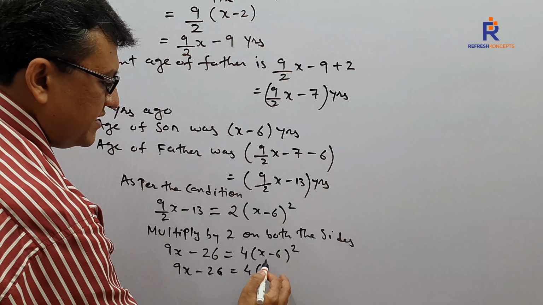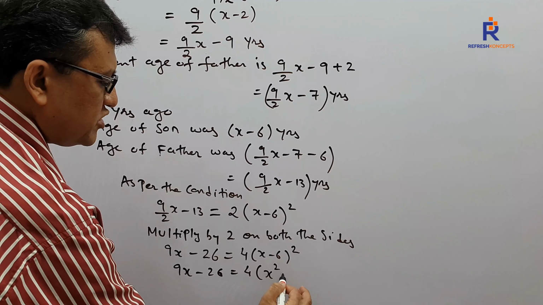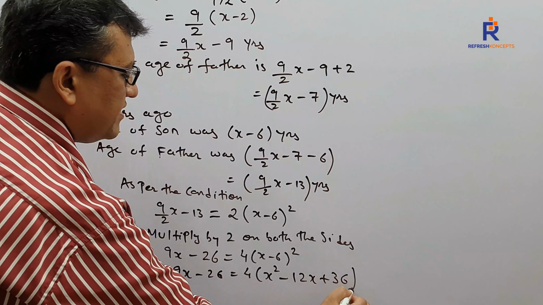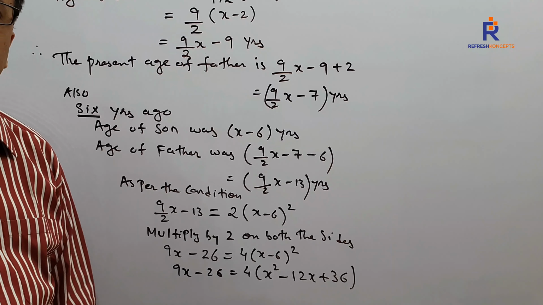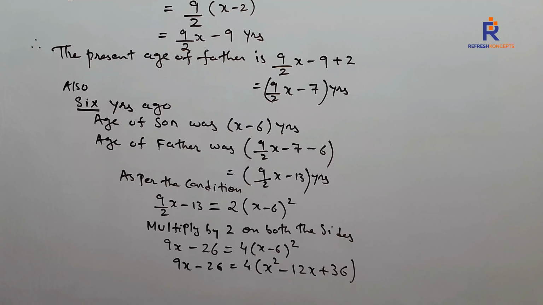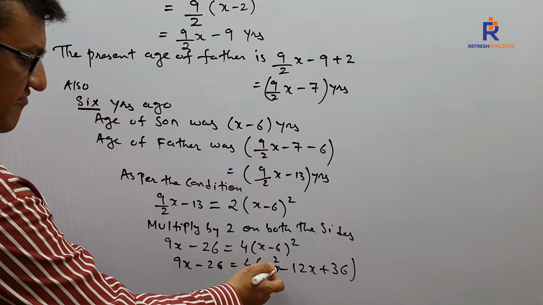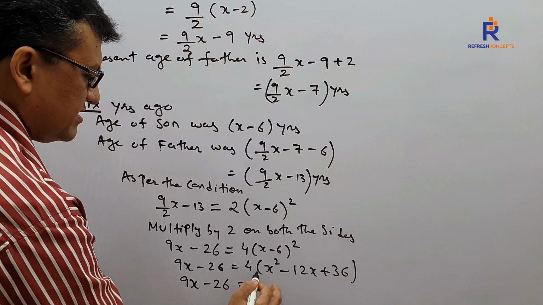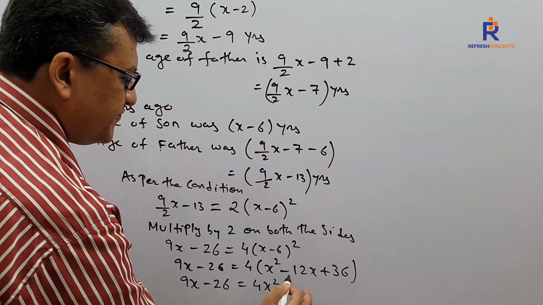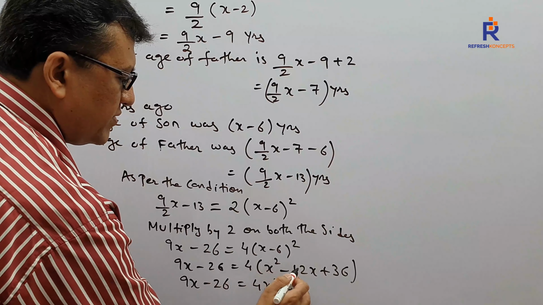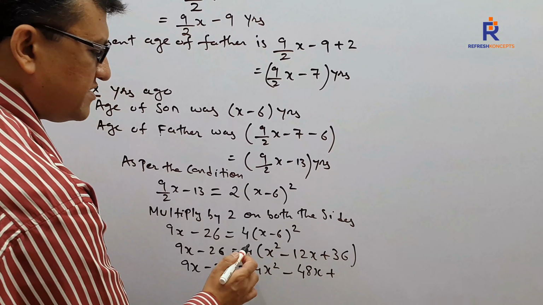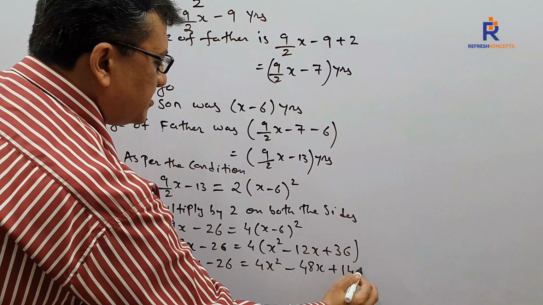Open down the bracket. a minus b the whole square is a square minus 2ab plus b square. Let's solve by opening the bracket. 9x minus 26 equals 4x square minus 48x plus 144, since 4 12s are 48 and 4 36s are 144.